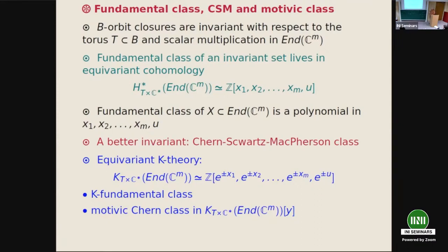And it's homogeneous, of degree exactly equal to the codimension. And there are better invariants, which I will not have time to tell. These are Chern-Schwartz-MacPherson classes. You can say these are a deformation of the fundamental class. These are not homogeneous, but better behave with respect to morphisms.